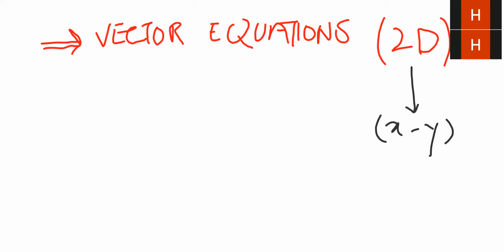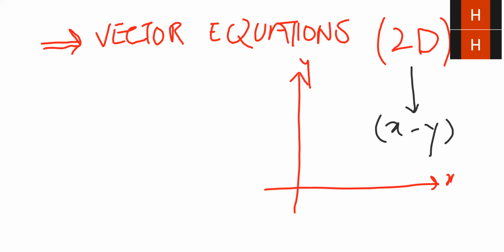Let's start from an example. This is the x-axis and the y-axis, this is your origin, and you've got a vector, for example, AB.